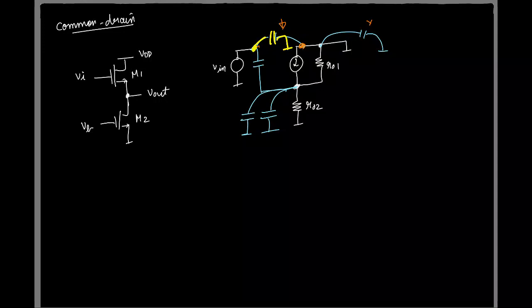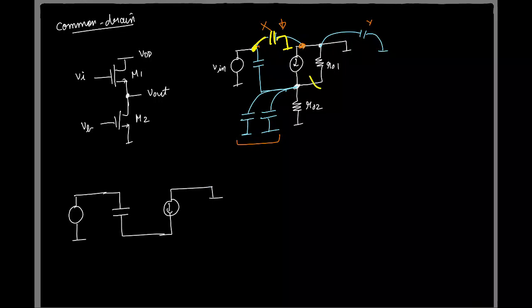So this capacitor is basically across a voltage source. It doesn't play a role at all, because the voltage source is going to fix that voltage irrespective of what the capacitor is. So this is also not relevant to us, and these two can be lumped together as a single capacitor. So if I had to simplify it, I'll just have a capacitor from gate to source. I'll have the gm VGS, this is ground.